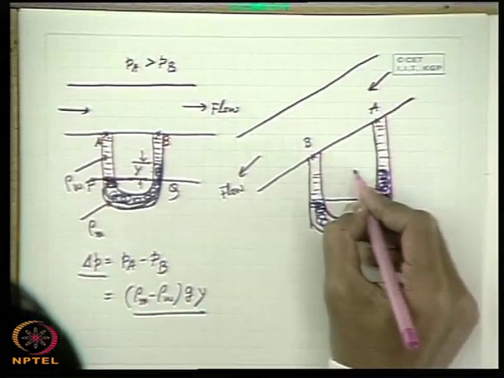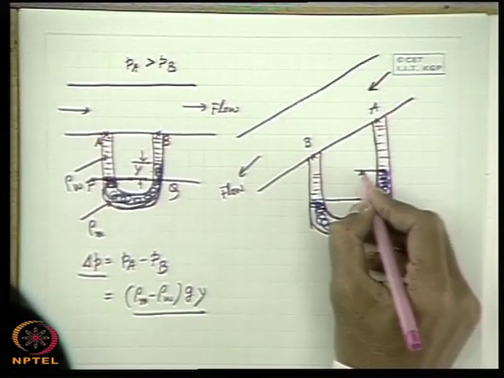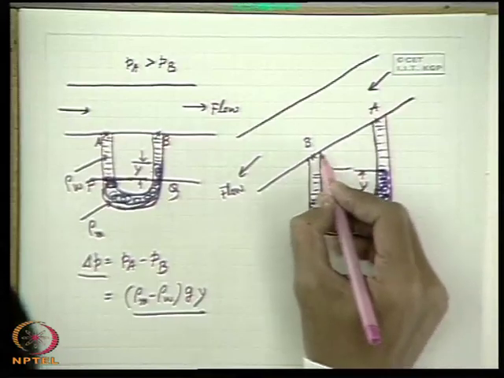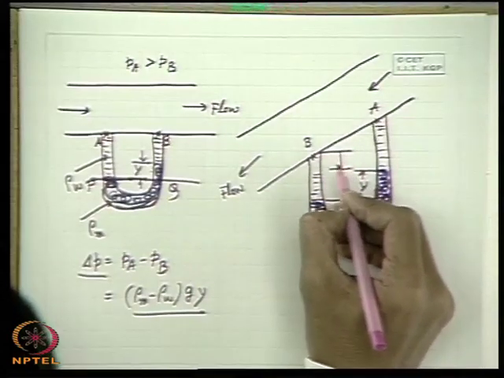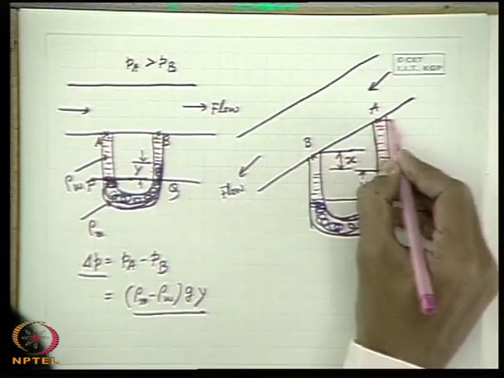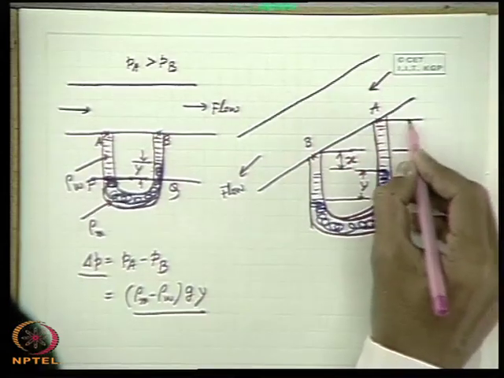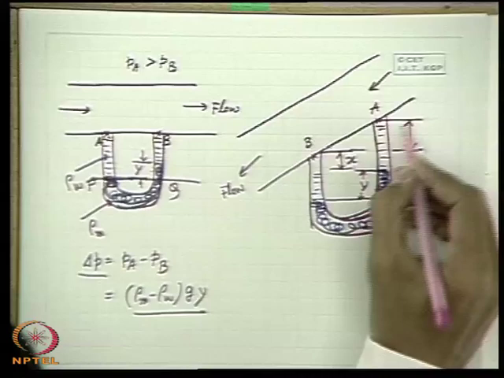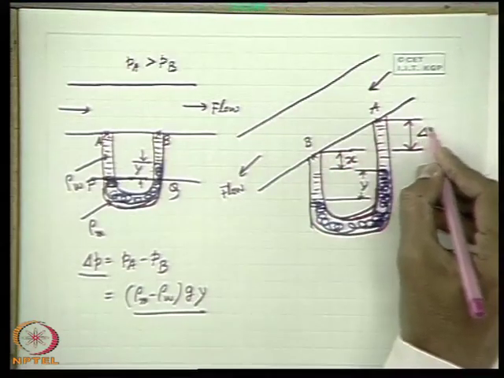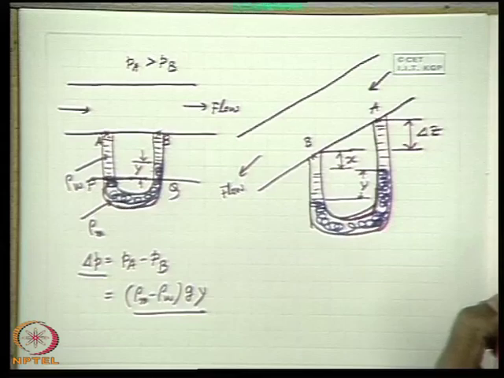Let this deflection be Y. Let the distance from B be x, and between A and B there is a difference in vertical height, let it be delta Z. I just give this nomenclature delta Z.